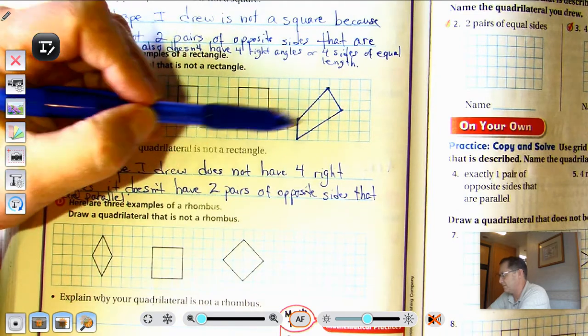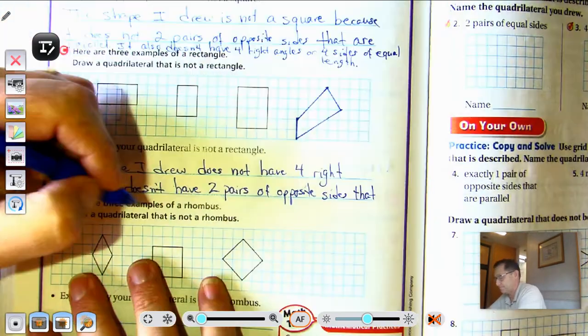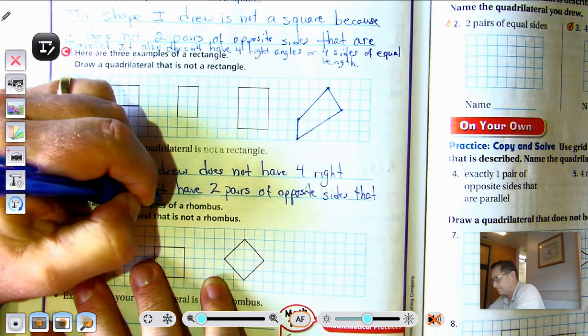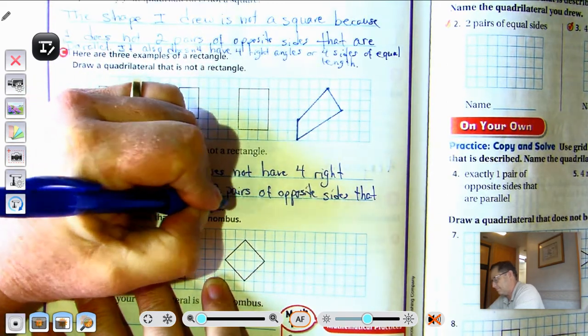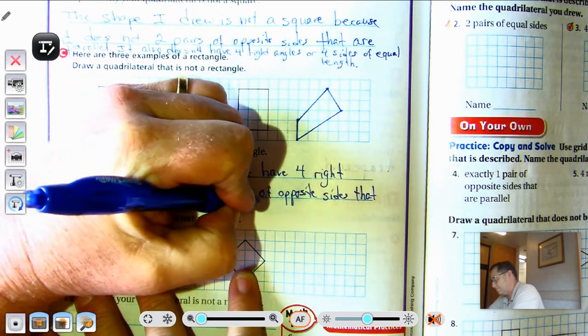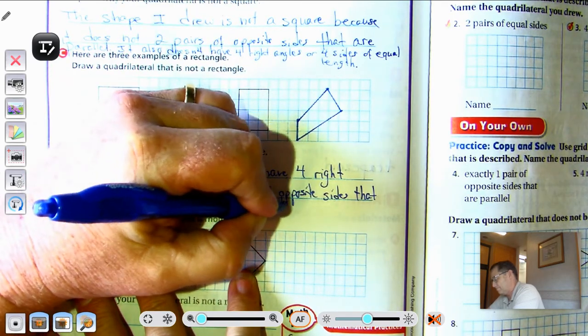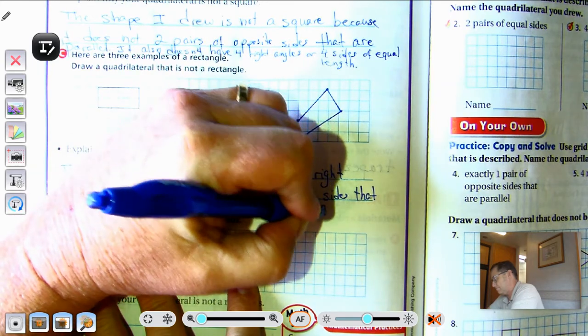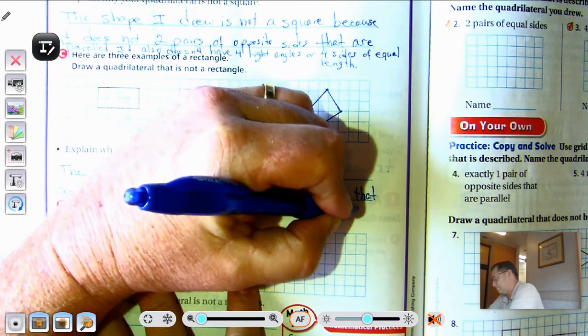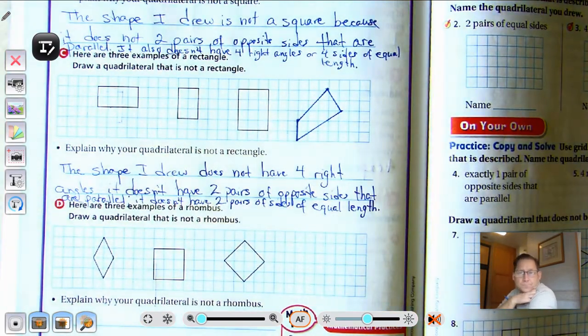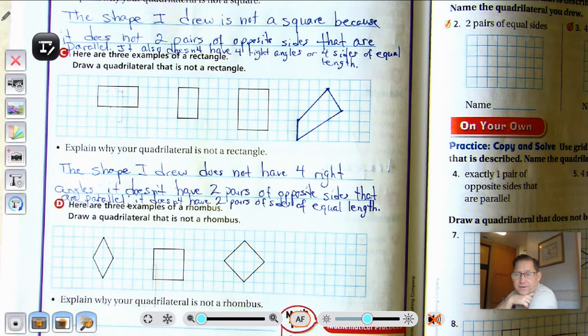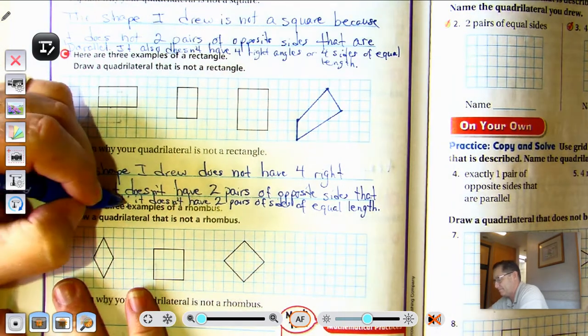This doesn't have two pairs of opposite sides of equal length. So it doesn't have four right angles. It doesn't have two pairs of opposite sides that are parallel. It doesn't have two pairs of sides of equal length.